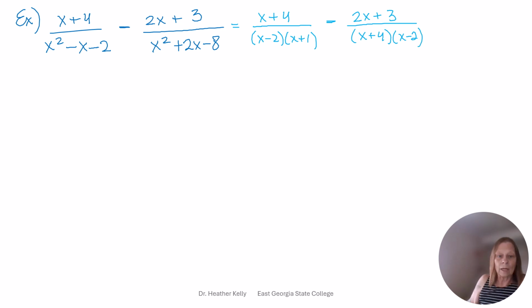When we look at our denominators here, our LCD is going to be that first denominator written down completely, plus whatever we might be missing from that second denominator, which is actually the x plus 4 term. Okay, and I'm going to rewrite this just so it's neat for you.